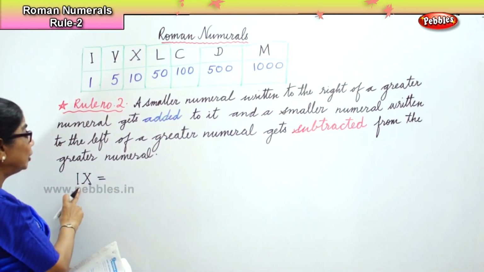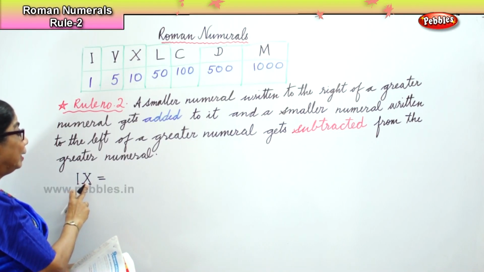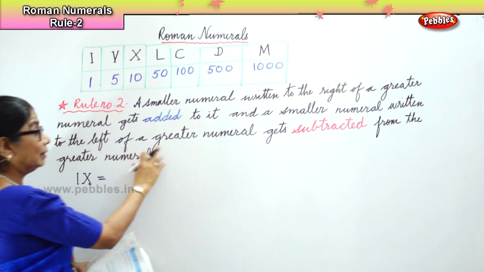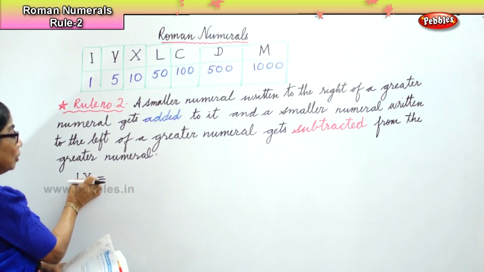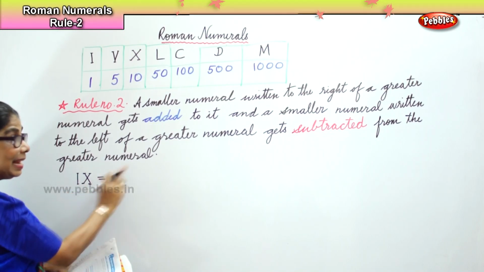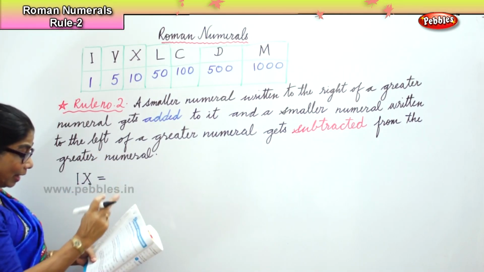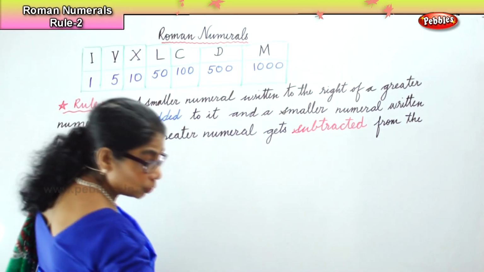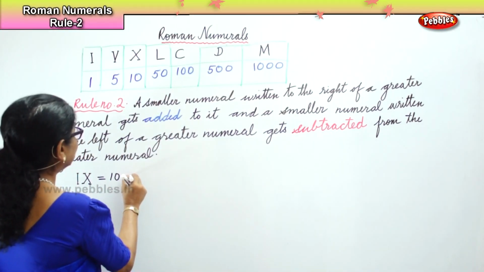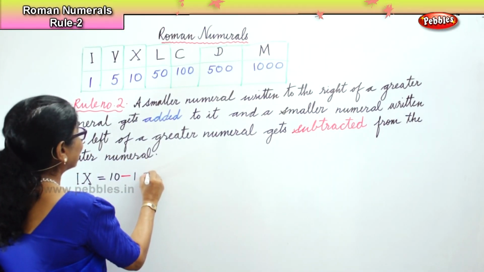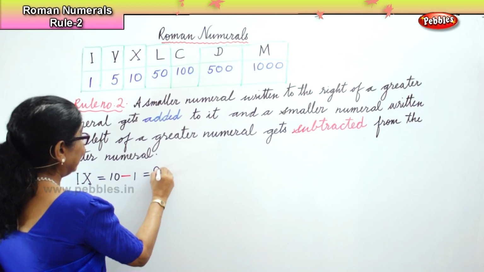On the left side you have 1, and so it gets subtracted. The greater number is on the right side, so the 1 gets subtracted from the 10 according to the rule, and what you get is 10 minus 1, and your answer is 9.